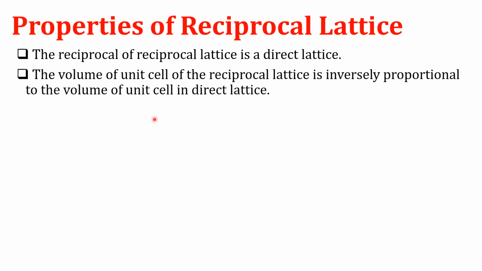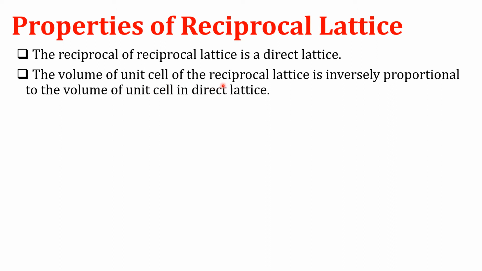Second one is the volume of unit cell of reciprocal lattice is inversely proportional to the volume of unit cell in the direct lattice. You know volume of unit cell in the reciprocal lattice, that is vector A star dot vector B star cross vector C star.